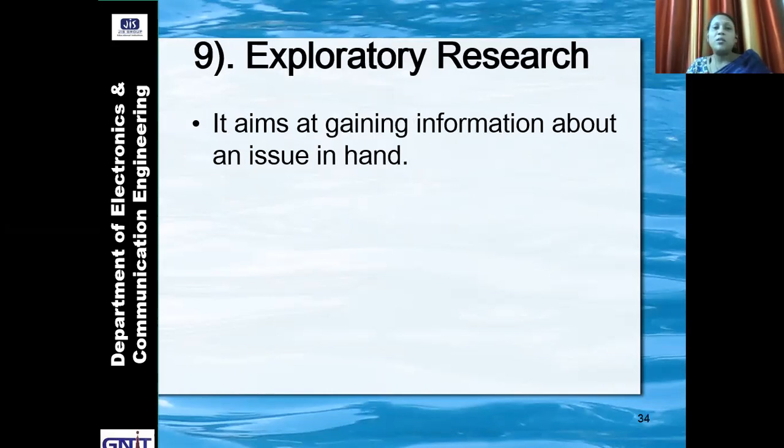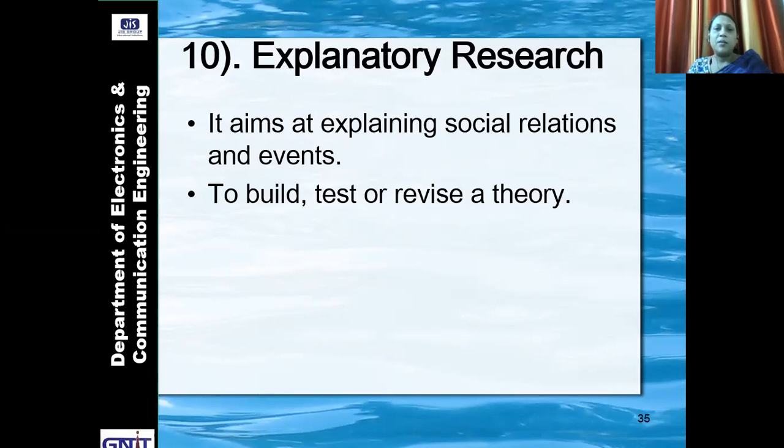Now, exploratory research aims at gaining information about an issue at hand. You should have an issue, and now you have to explore it: what are the things involved, why this issue has arisen. So this is called exploratory research.